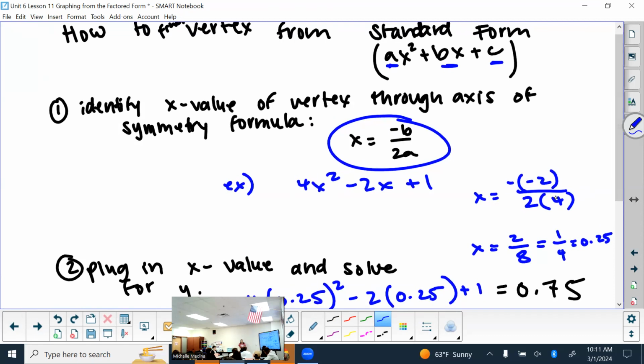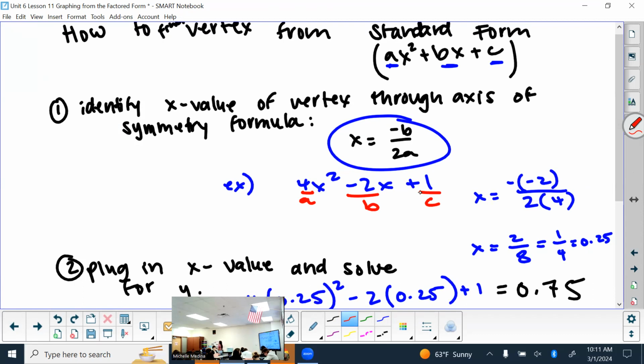And what's my A value? The 4. So, yeah, this is A, because it's in front of the x squared. This is B, because it's in front of the x. This is C, and we don't need C for the axis of symmetry.